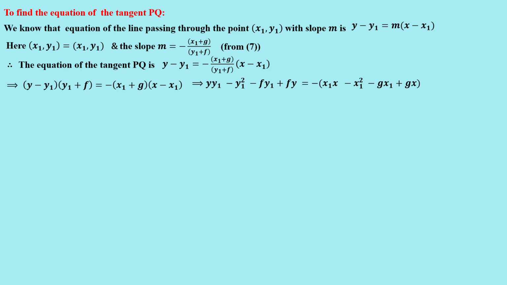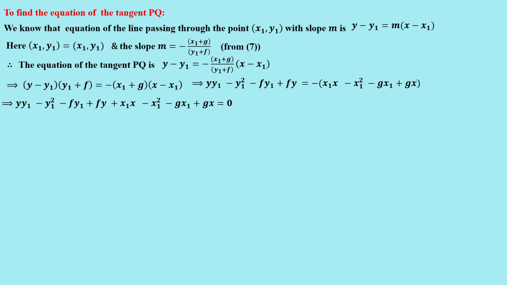So simplifying, on the left hand side we get y y1 minus y1 square plus f y minus f y1, which is equal, going to the right hand side, to minus x x1 plus x1 square minus g x plus g x1.